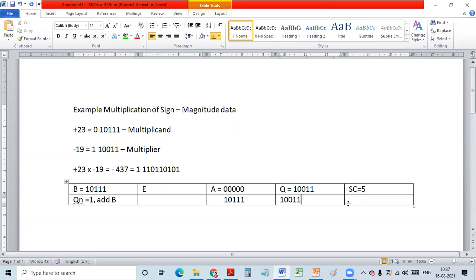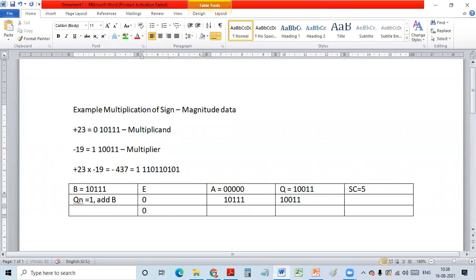What you have to do after addition? After addition, as per the algorithm, you have to shift right by 1 bit, along with E. E is 0 as per this addition.